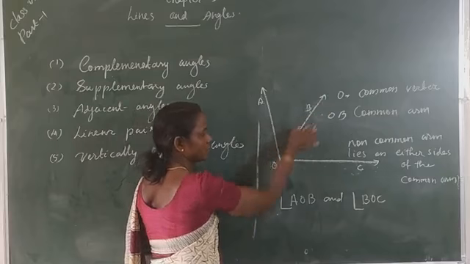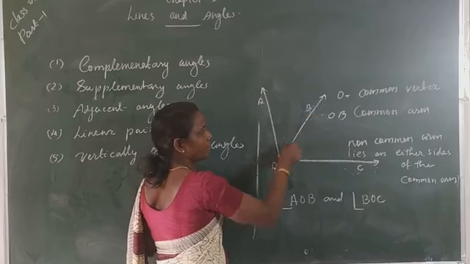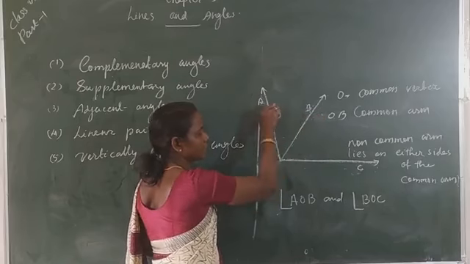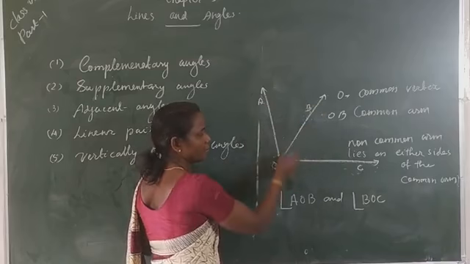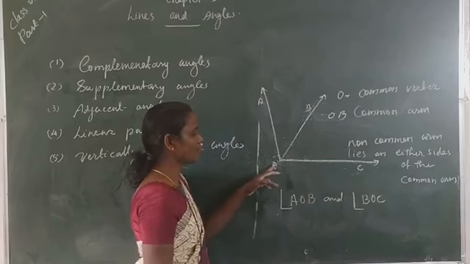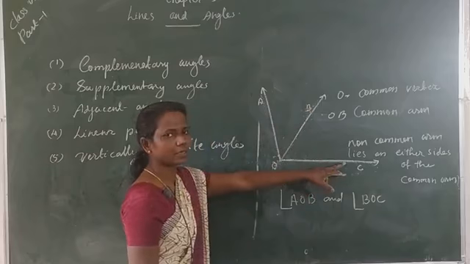Common vertex and common arm. This OB is the common arm of this angle and this angle, meaning AOB and BOC. And O is the common vertex of these two angles. Is it clear?